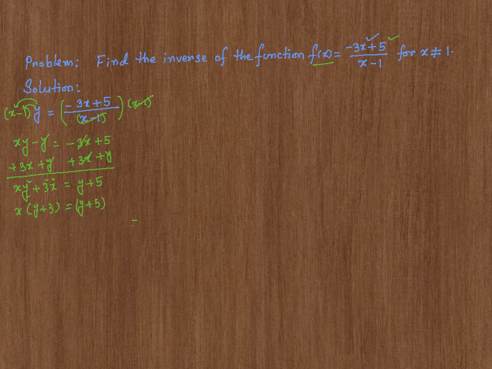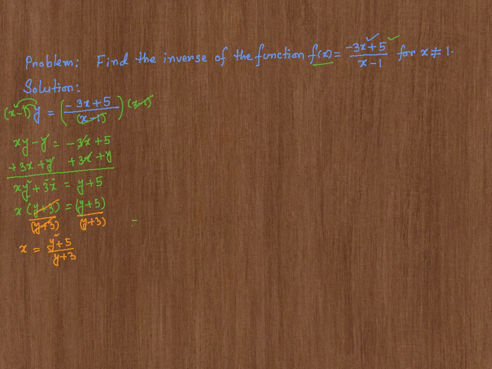Now to solve for x, I need to divide both sides by y plus 3. This and this cancel out on the left, and it gives me x is equal to y plus 5 over y plus 3.